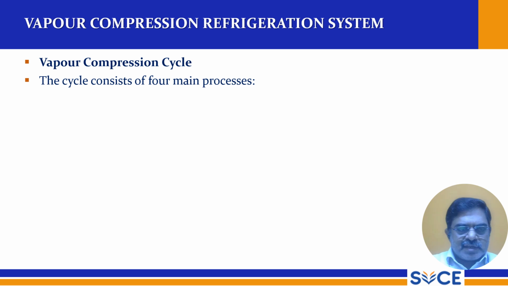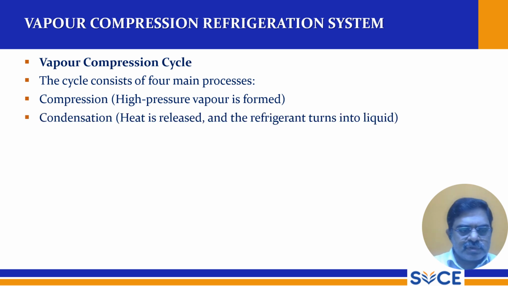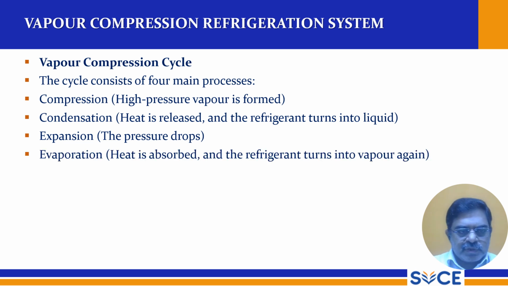In the vapor compression cycle, there are four processes, as in the earlier cycle also. Compression is the first process, where high pressure vapor is formed. Condensation: heat is released and the refrigerant turns into liquid. Expansion: the pressure drops.